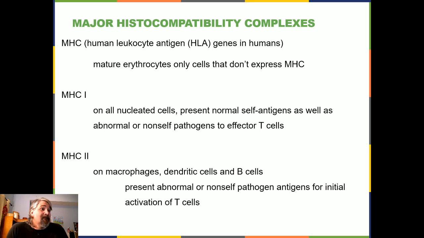Okay, anyway. Mature erythrocytes are the only cells that don't express MHC. The language here is that MHC class 1 are expressed on all nucleated cells, and as you know, erythrocytes in mammals are not nucleated. MHC class 1 are the complexes that present self-antigens, sampling self-proteins and presenting them to the environment to be examined.